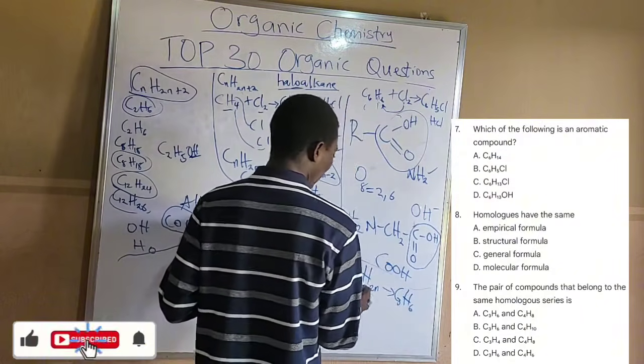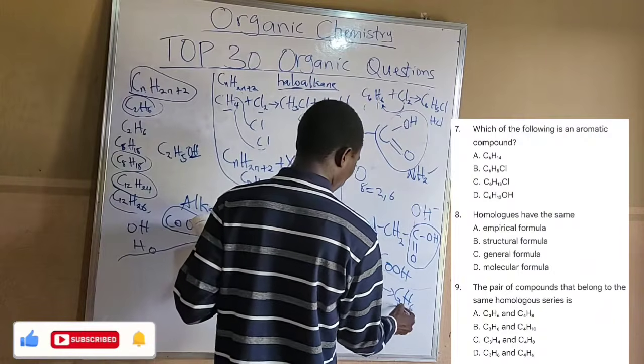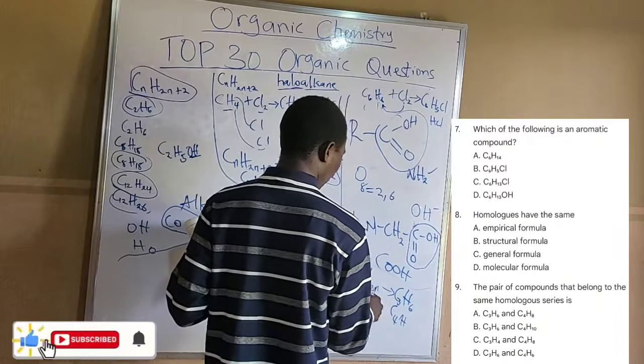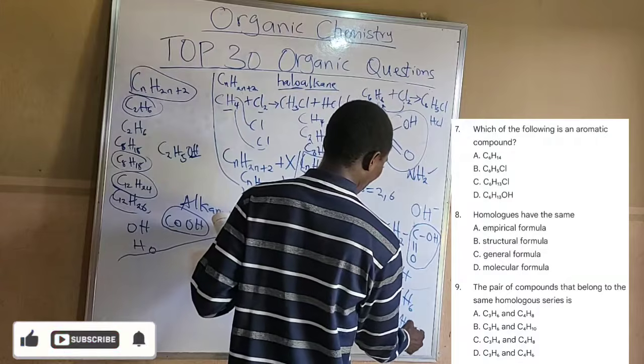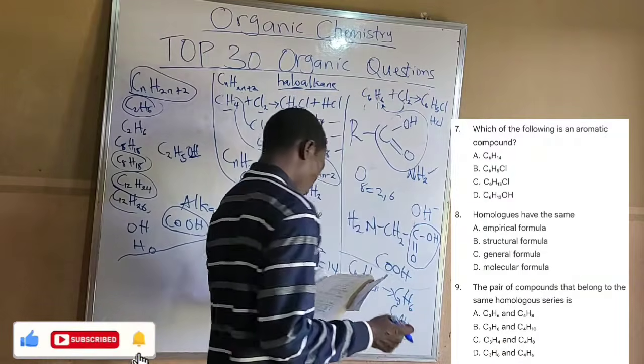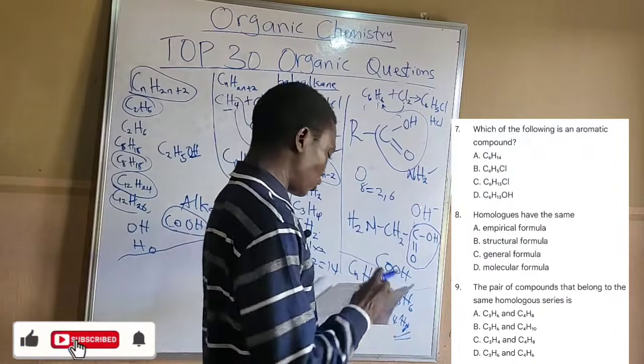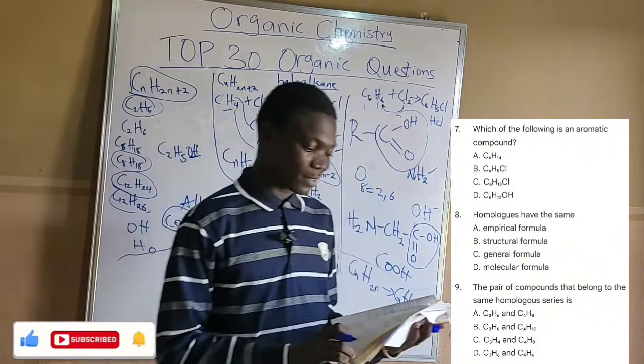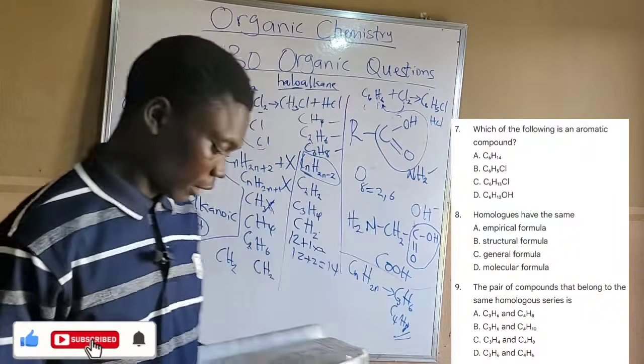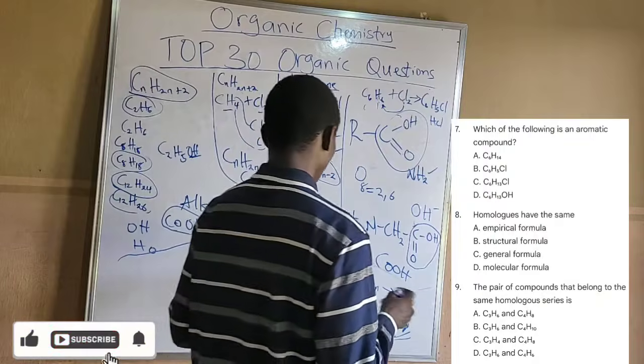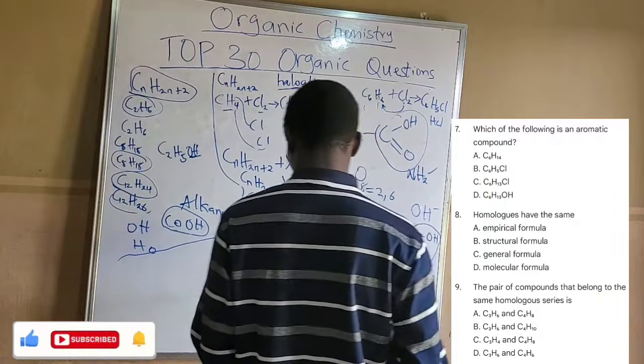That is correct. If my n is equal to 4, that will be C4H, 4 times 2 is what? 8. So the correct answer to that is option A. When you try to check the others, you see that they don't tally.